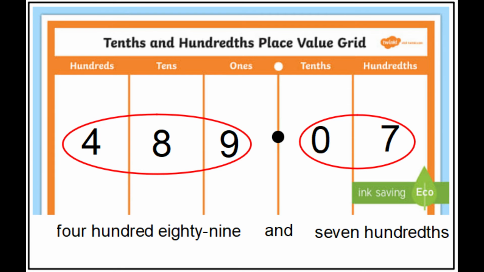Well, I can see there that I have 0 tenths and 7 hundredths. So I'm looking at the number 7 when I circle it, when I put it in its group. And the 7 is in the hundredths place. So I will simply read that group after the decimal point as 7 hundredths. So my number altogether in its word form is 489 and 7 hundredths.